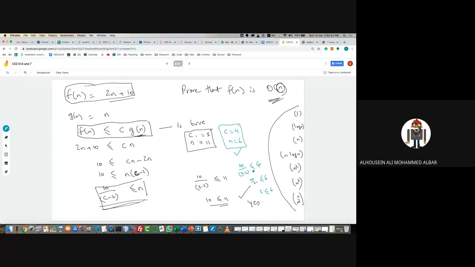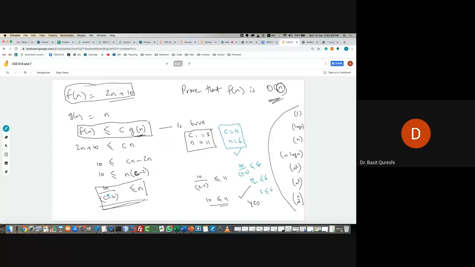So whenever we get an answer, then it's true. It doesn't matter if there's a situation where it's not true. Yes, that's what we're trying to do. We come up with values and say that this function works with these values. It does not mean that it may work with all the values.